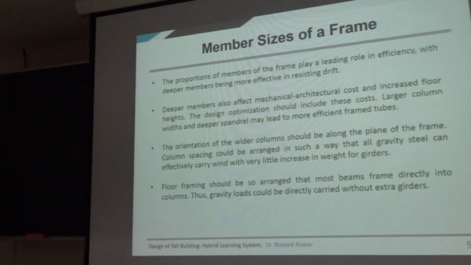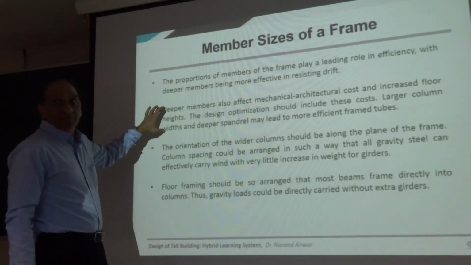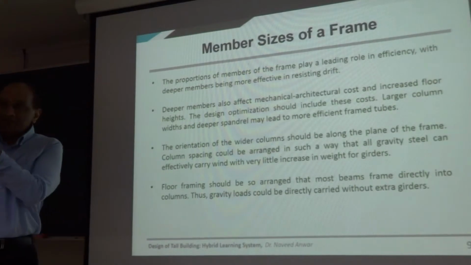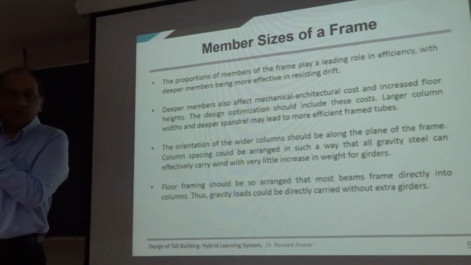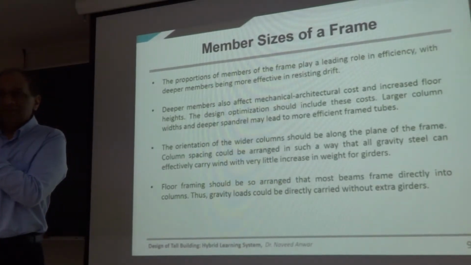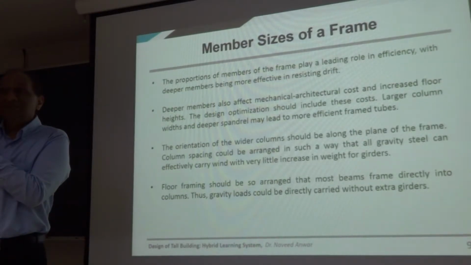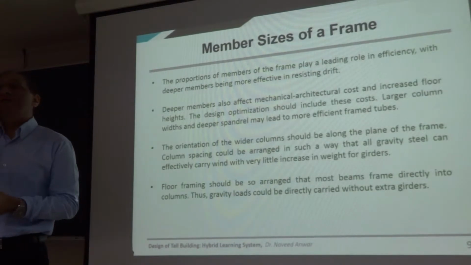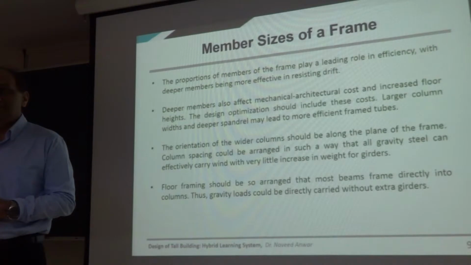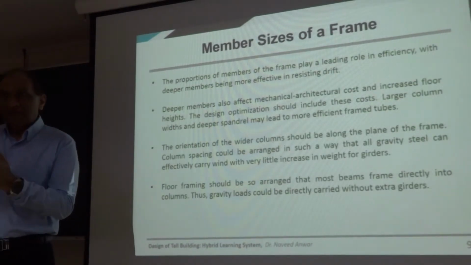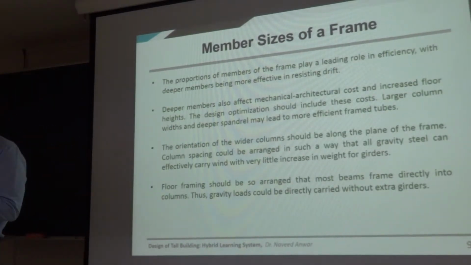Okay. So now they want long span, but they don't want to increase the depth of the beam, because if you increase the depth of the beam, let's say 10 centimeters in one floor, 50 floors multiplied by 10 centimeters, how much is that? 5 meters, right? 5 meters is equal to 2 floors.